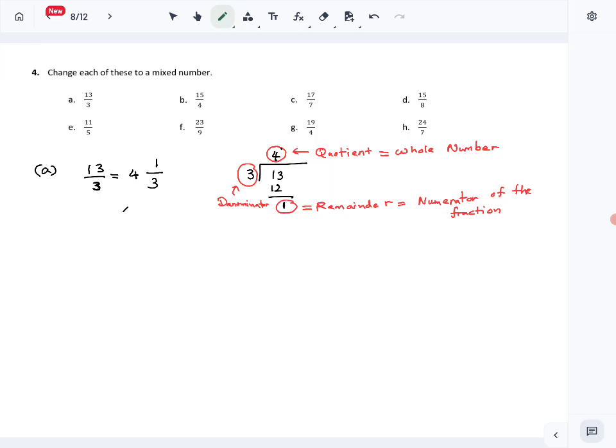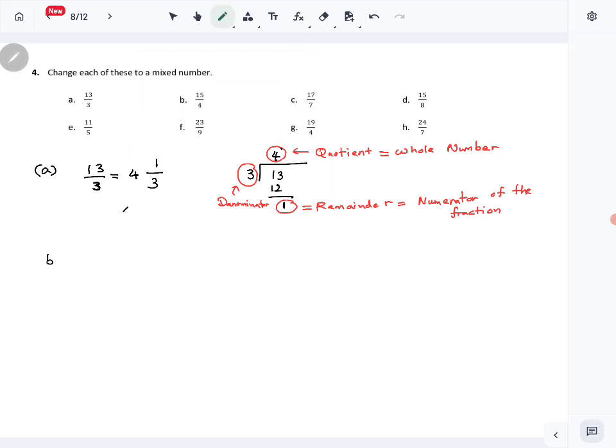So that's how you get it. The quotient is the whole number part, the remainder you get when you divide 13 by 3, which is 1, is the numerator, and the denominator is the same as the original. You don't always need long division. You can do it in your mind and get it quickly.